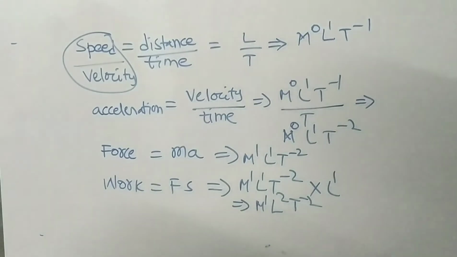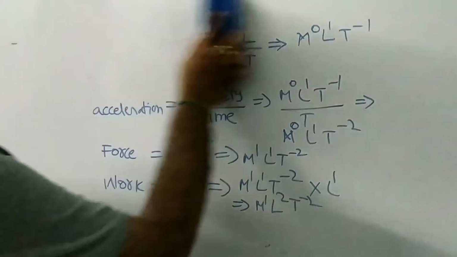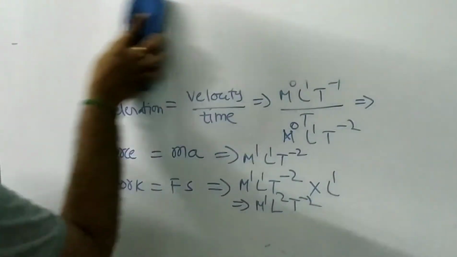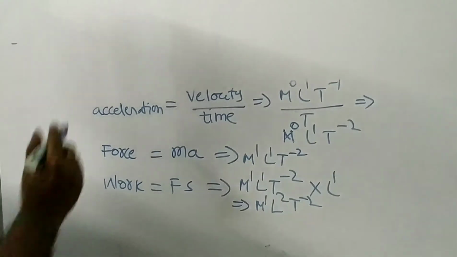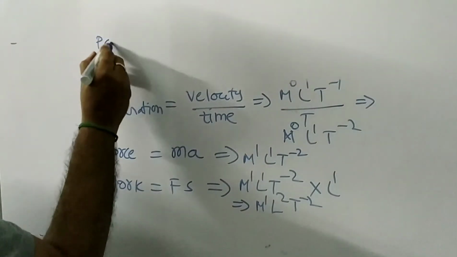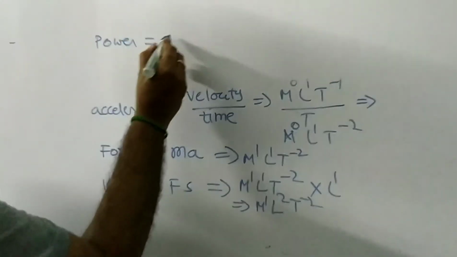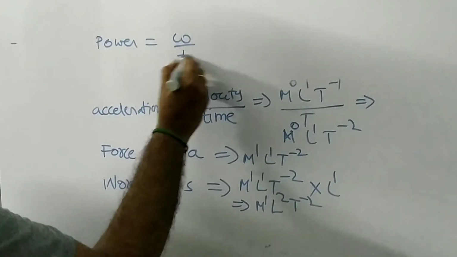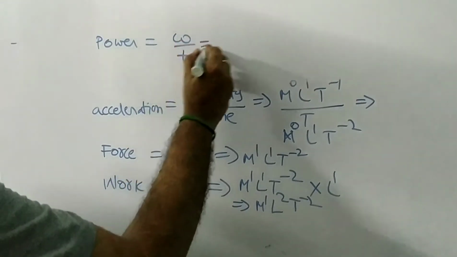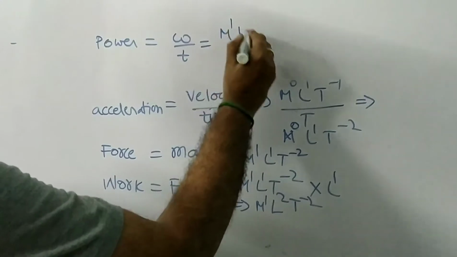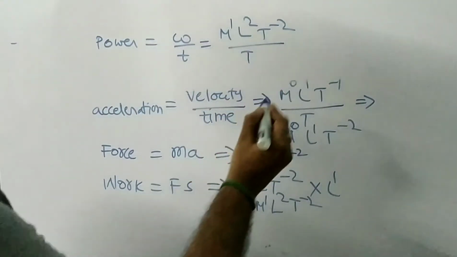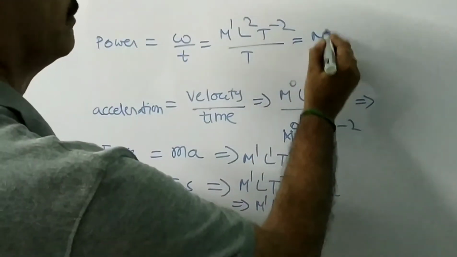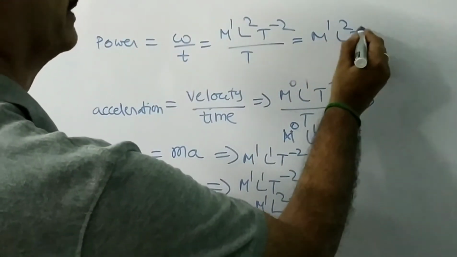This is the dimensional formula for work. Now afterwards we can go for power. Power is equal to work by time, W by T. Work done, just now we have M to the power of 1, L to the power of 2, T power minus 2, divided by T. So this is equal to M to the power of 1, L to the power of 2, T power minus 3.